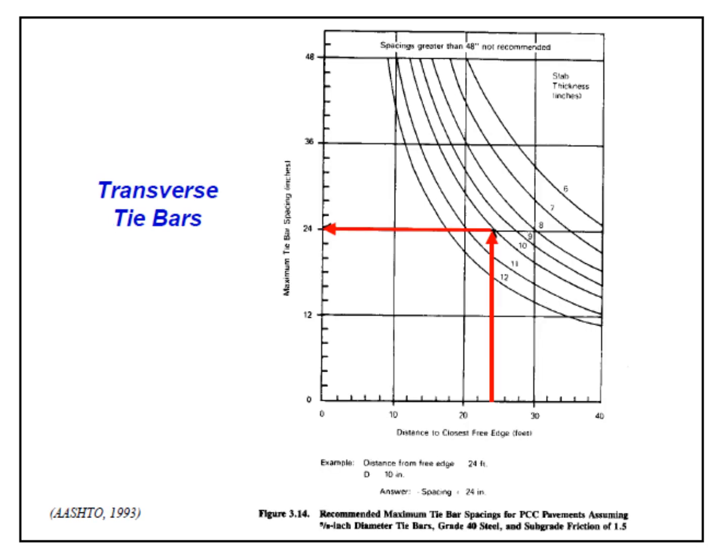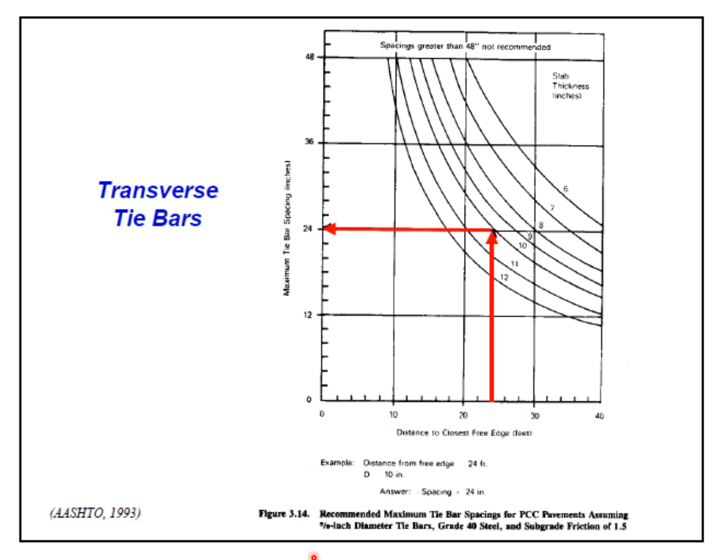Now if you look at this particular figure, again it is meant for transverse tie bar, but look at the title: recommended maximum tie bar spacing for PCC pavement assuming 5/8 inch diameter tie bars, grade 40 steel and subgrade friction of 1.5.